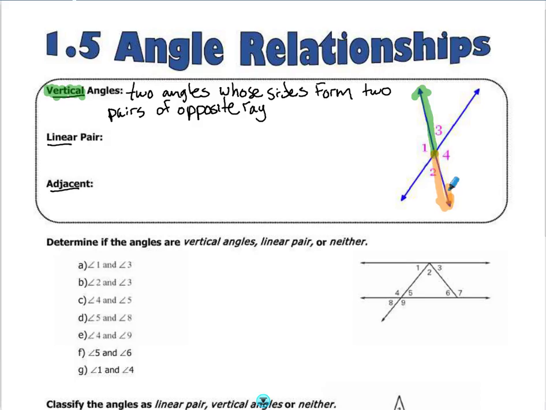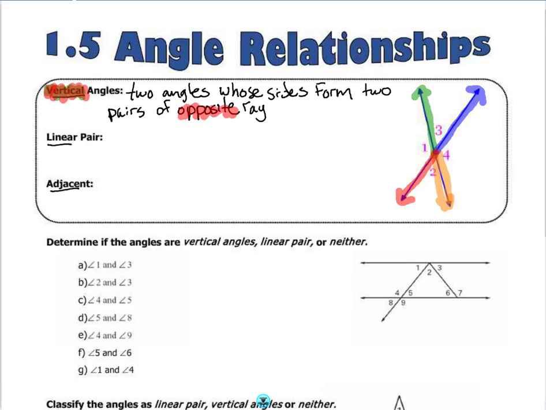So there is one ray, there's a pair of opposite rays, and if I use my blue and red here, I have another set of opposite rays going in this direction, and in red here I have a ray in the opposite direction. So the angles whose sides form two pairs of opposite rays, those angles that are opposite of each other, opposite, vertical, right? Those angles are going to form vertical angles.